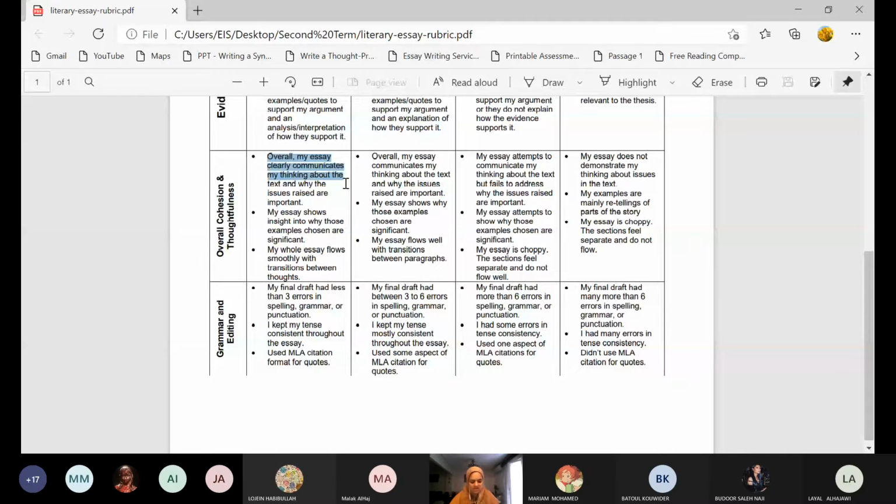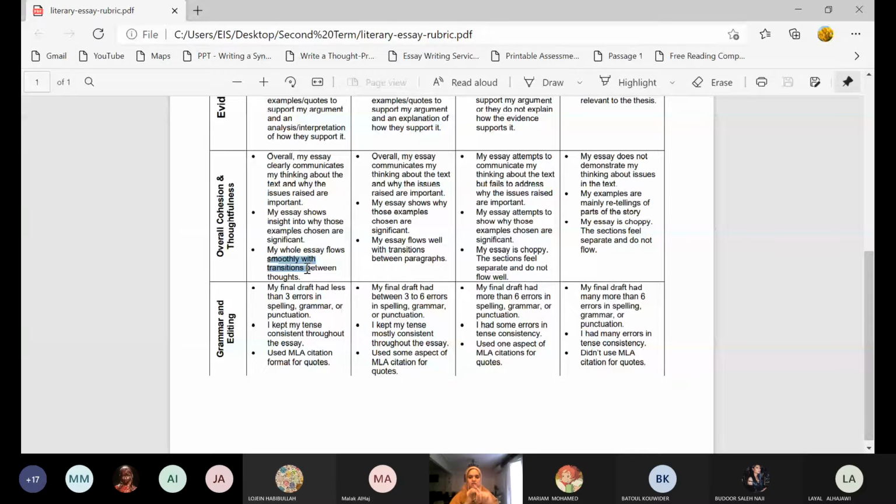So if I say an example for foreshadowing, I write that he used foreshadowing this and this and that. And then I smoothly walk. The essay flows smoothly. Yani I don't have bumps, ups and downs. Walk smoothly by using transitions between the body paragraphs. And this is how we give you the markers.